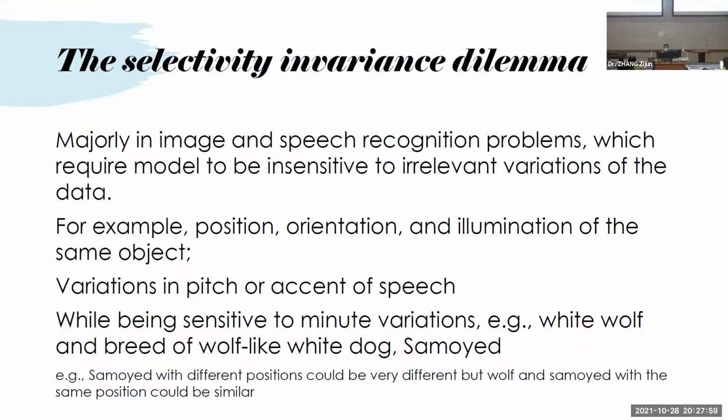The next, I would like to talk about the selectivity invariance dilemma. This mainly happens in image and speech recognition problems. In those problems, we usually require the model to be insensitive to some irrelevant variations of the data, but sensitive to some relevant variations of the data. So what are the irrelevant variations of the data? For example, in images, for the same object, its position, orientation, and illumination should not matter in our decision making or in our model.